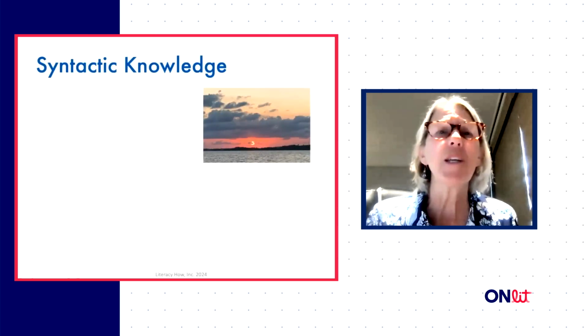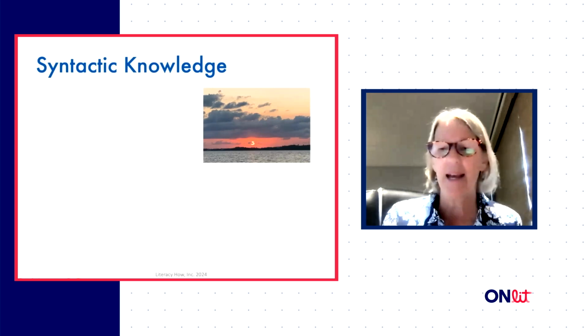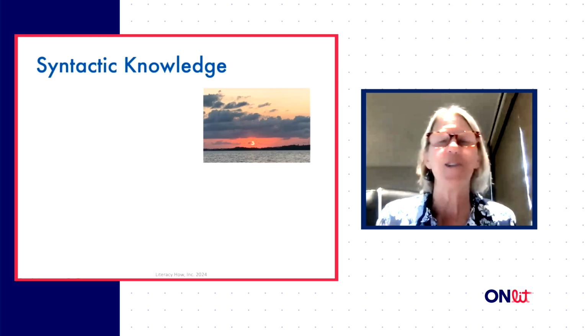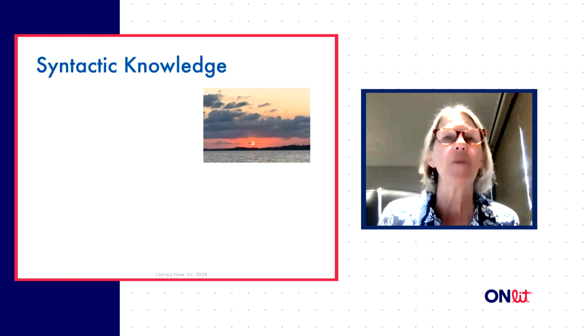So let's practice really quick. I'm going to show you a part of a sentence, and you're going to read this out loud wherever you are, or maybe you're just going to read it to yourself, but read it prosodically.